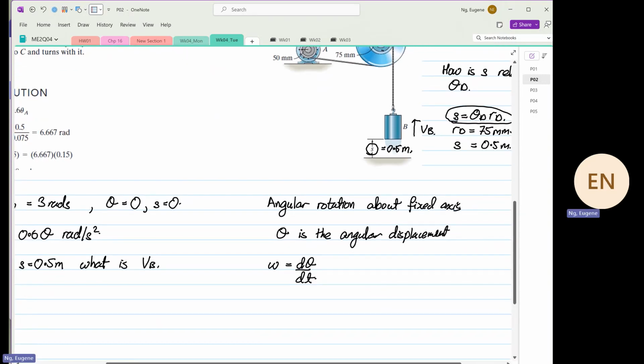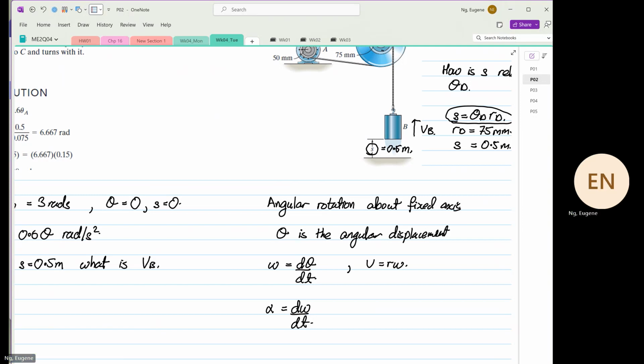And the next one, we know that alpha is equal to d omega over dt. Okay. So these are the formulas that might be useful to us. Okay. And then we also know that velocity is equal to r omega.